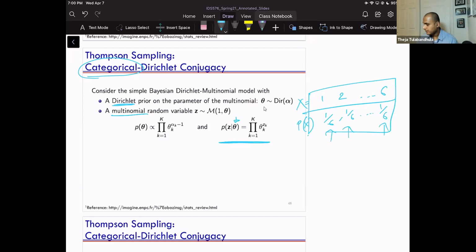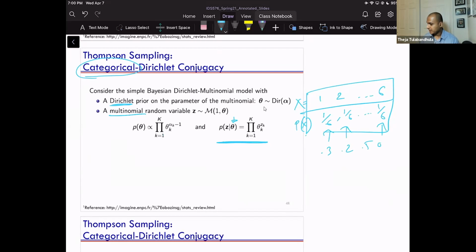Instead of 1/6, you can have 0.3, 0.2, 0.5, which sums to 1. But if you had some other probability mass function, then the way to represent a categorical distribution is like this. You say it's the probability to the power z, where z is the indicator of whether that kth coordinate is 1 or not.